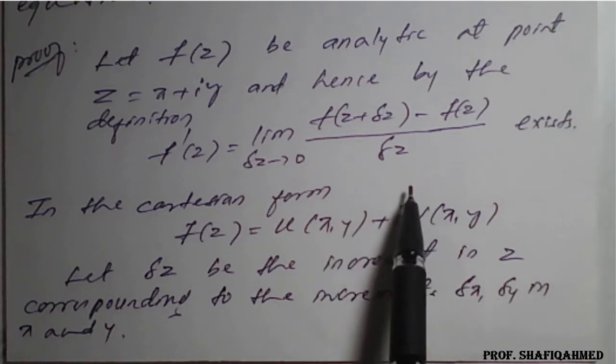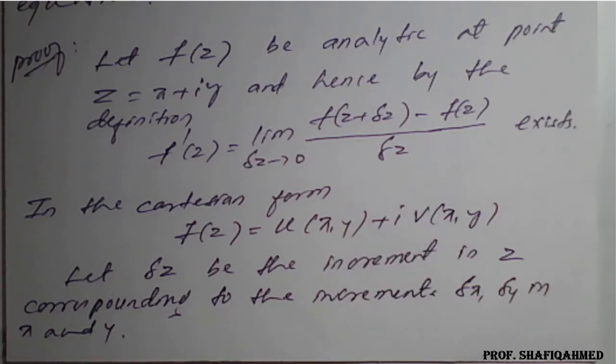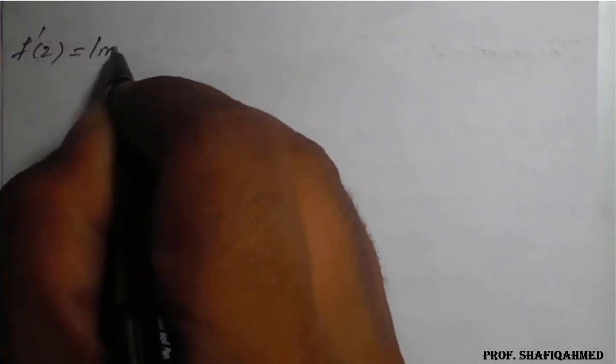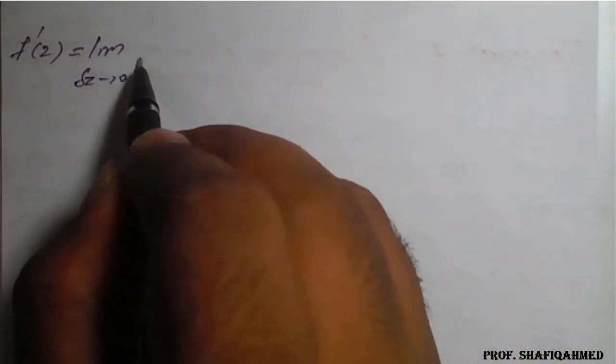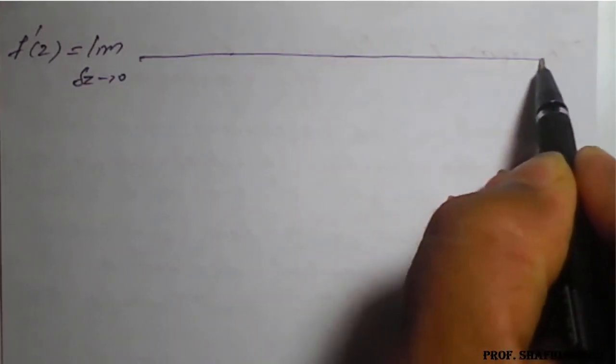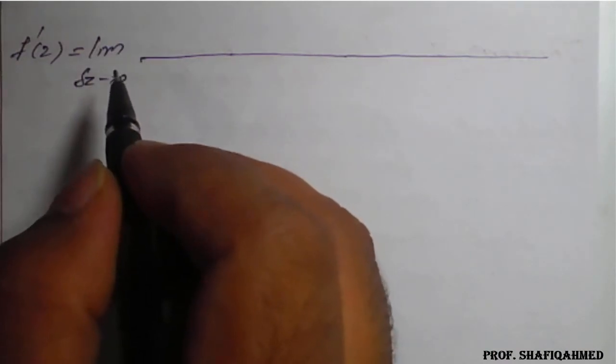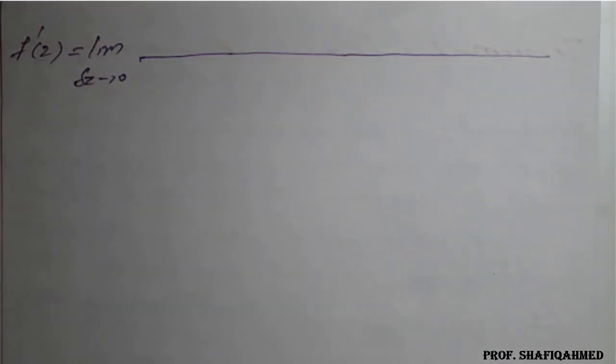So our right hand side will become f dash of z is equal to limit as delta z tends to 0. As we know, f of z is nothing but u of x comma y plus I times v of x comma y.